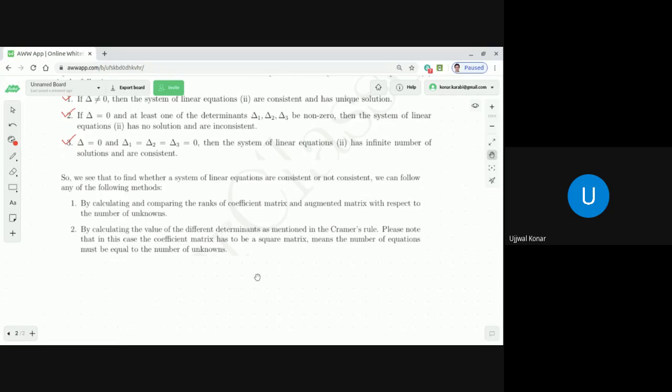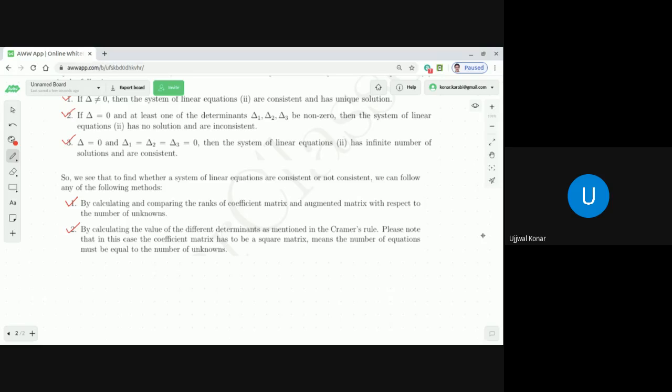By calculating and comparing the rank of the coefficient matrix and augmented matrix with respect to the number of unknowns, and by calculating the values of the different determinants as mentioned in Cramer's rule. Please note that in this case, the coefficient matrix has to be a square matrix. I will come to this particular topic after some time, dear students, today itself. It means the number of equations must be equal to the number of unknowns.